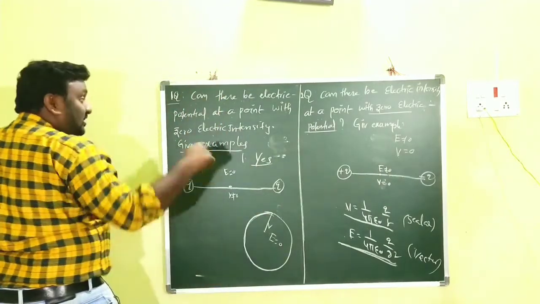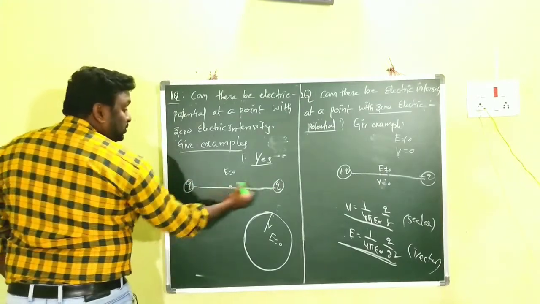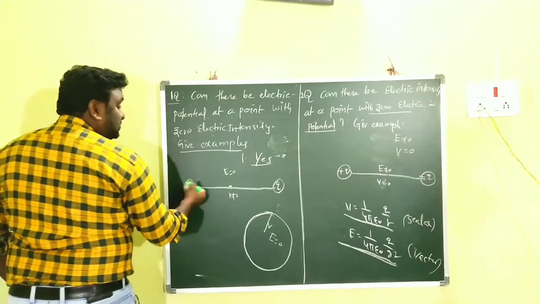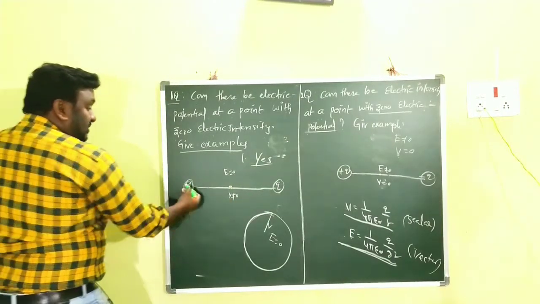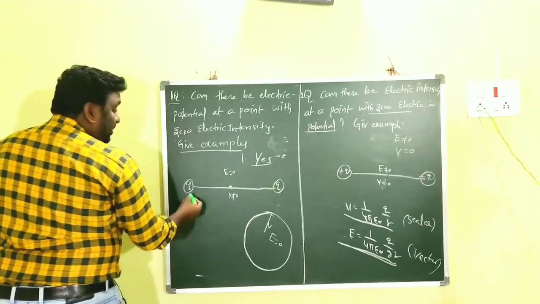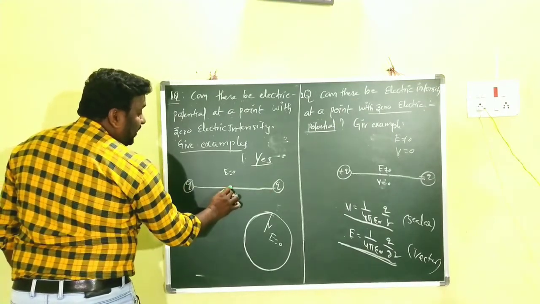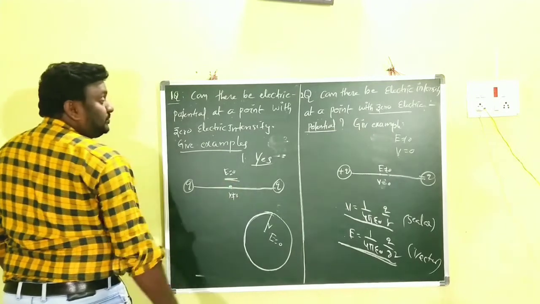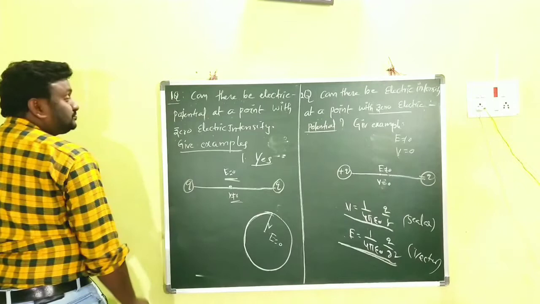So when we take two similar charges, either both are plus or both are negative, plus Q or minus Q. Clear? When these similar charges are separated by some distance, at the midpoint electric field intensity is 0 and potential is not equal to 0.